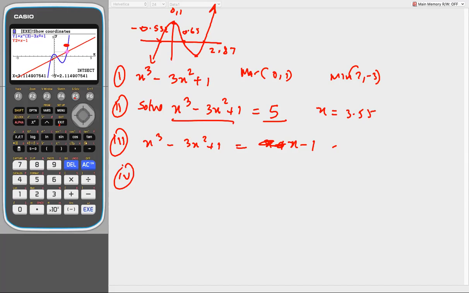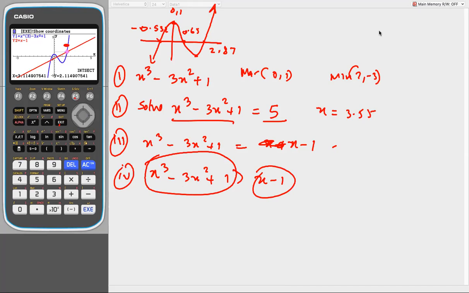Next, how do we solve the inequality on this? Let's say I have x cubed minus 3x squared plus 1 greater than x minus 1. Now you'll see for what x values this graph is above this line. You can clearly see that it is in this part and in this part. So you just write down the x coordinates. I'll find it once again with G solve, intersect.